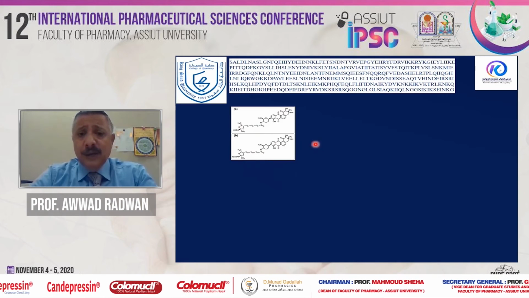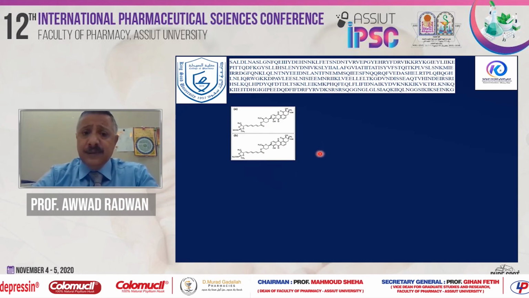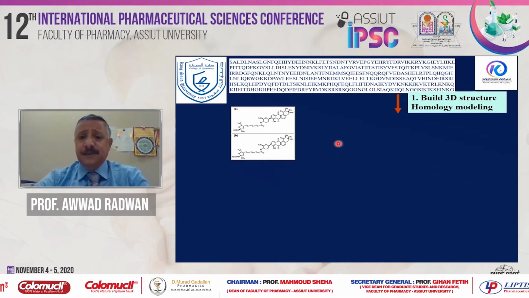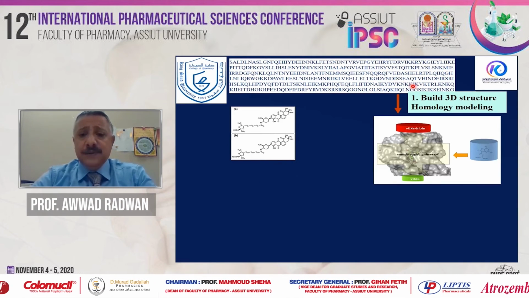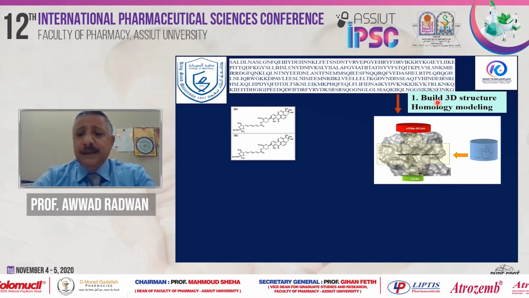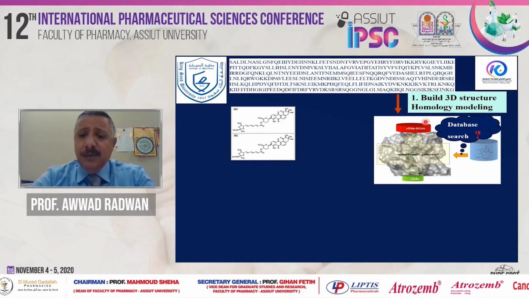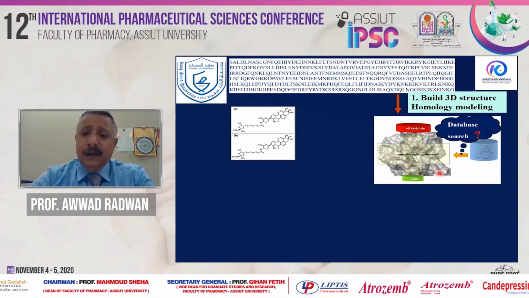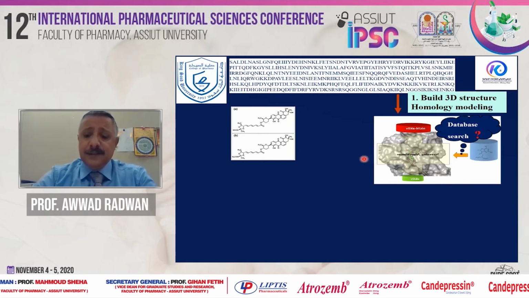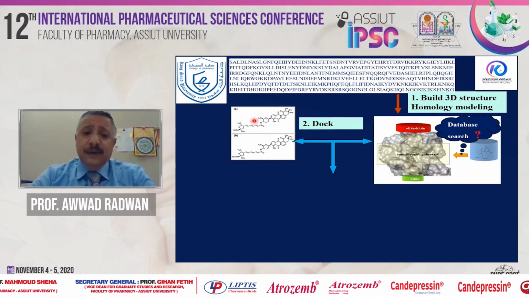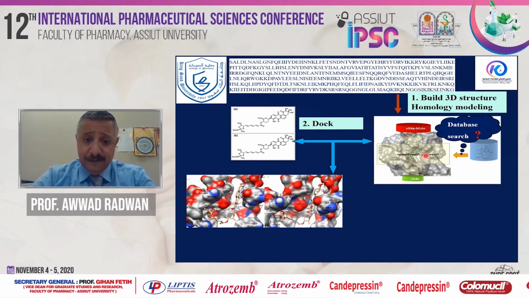How can we use this data as a query for searching the database? First, the amino acid sequence is used for building the three-dimensional structure of the binding cavity using homology modeling. The modeled binding cavity can be used for database searching. First, let's try docking active and inactive compounds into the binding site.